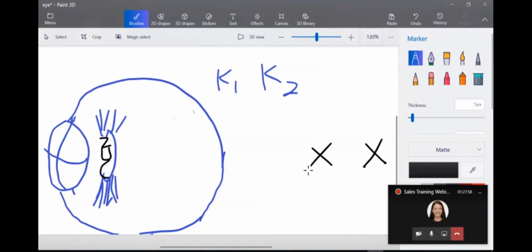All right, so let's say we put in 21.5 diopters of a monofocal implant, non-toric lens.